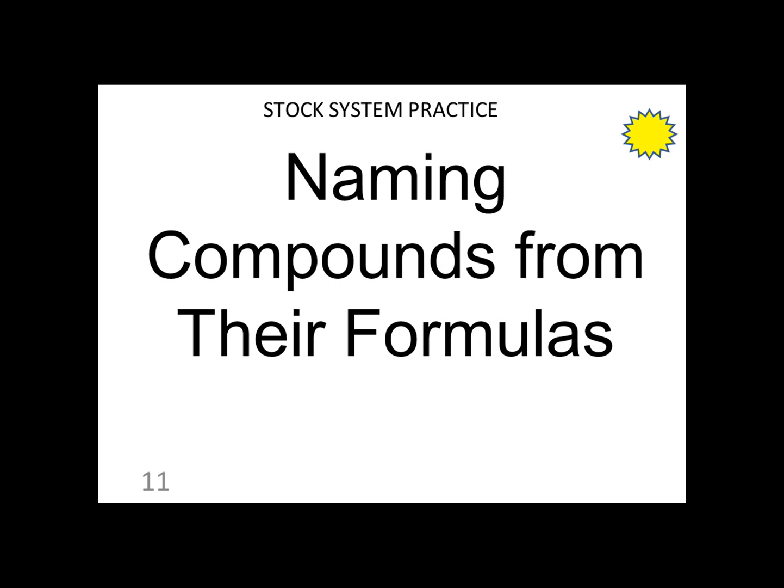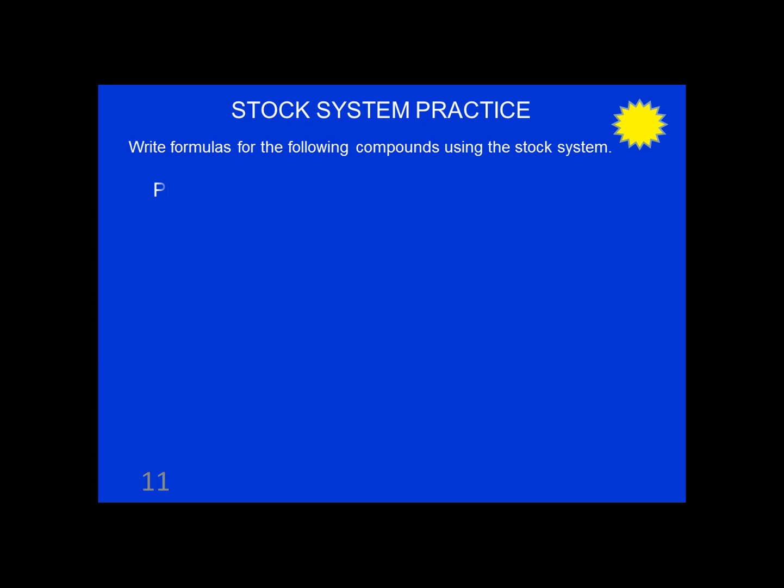Okay, naming compounds from their formulas. So, let's go in this direction here. You have this compound on a test, and I say, what's the name of this? What's the stock system name for this? So right away you know you're going to be using Roman numerals. So Pb, look that up on your chart. Pb is lead, and it's got a couple different oxidation numbers, so we're not sure which one it is yet. NO3 is a polyatomic ion, only has one oxidation number.